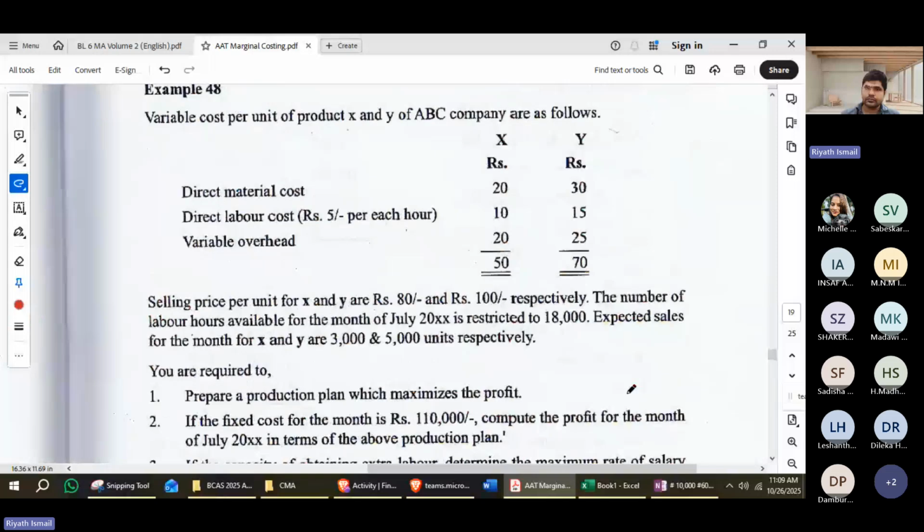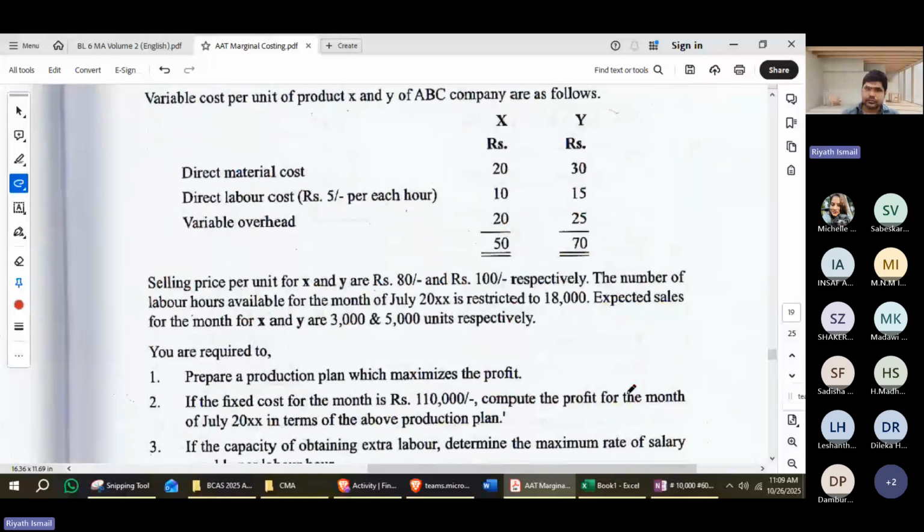Let us read this question. Variable cost per unit of products X and Y of ABC company are as follows. Direct material: X 20 and Y 30.